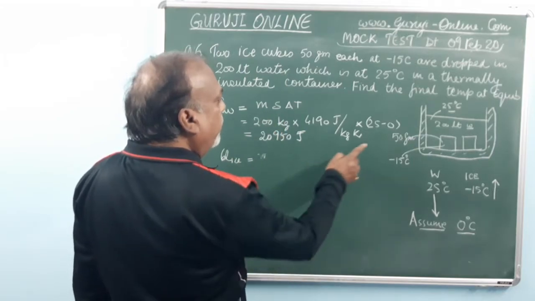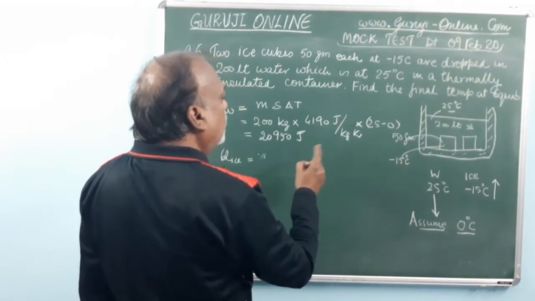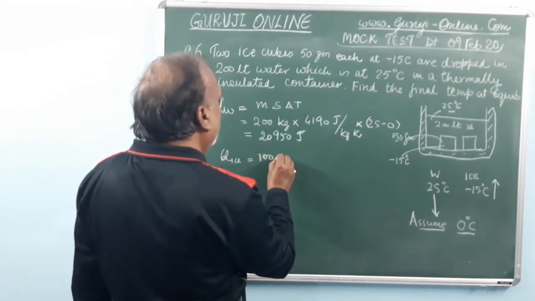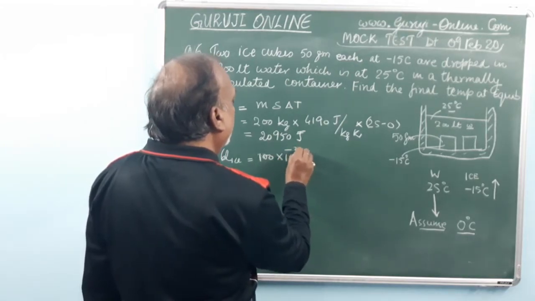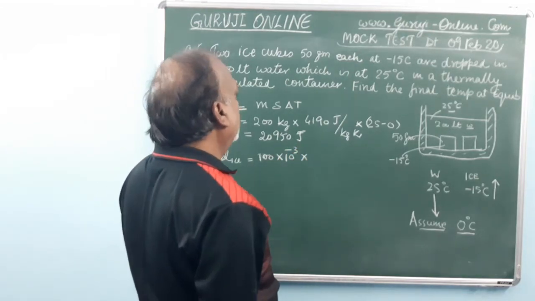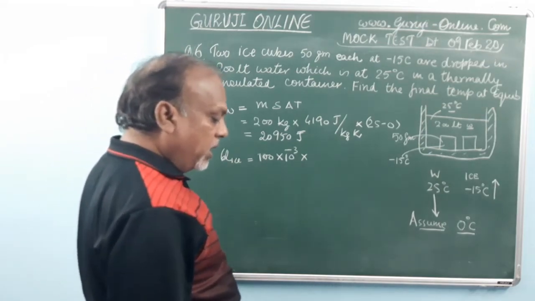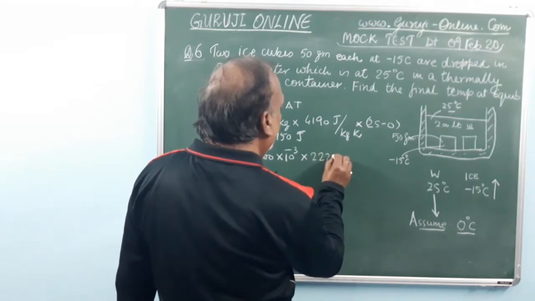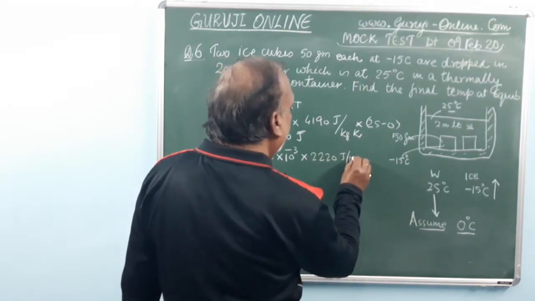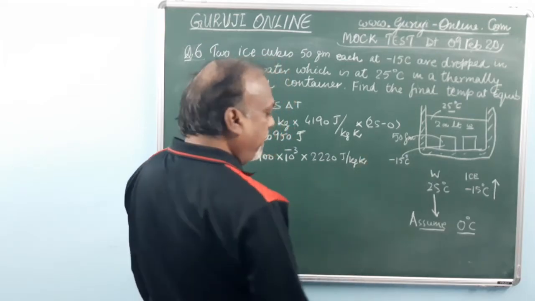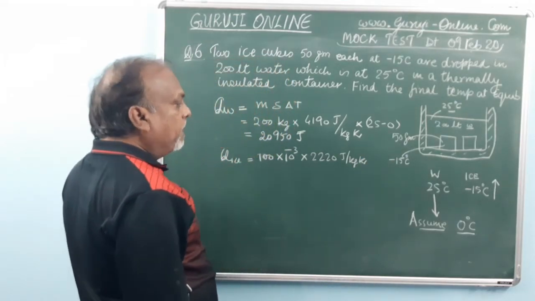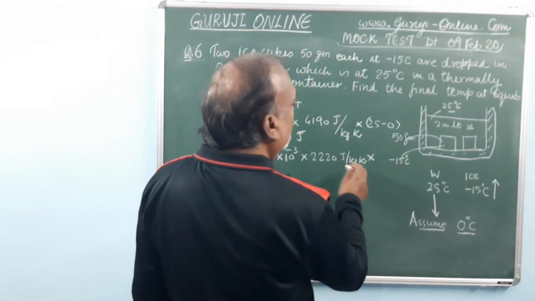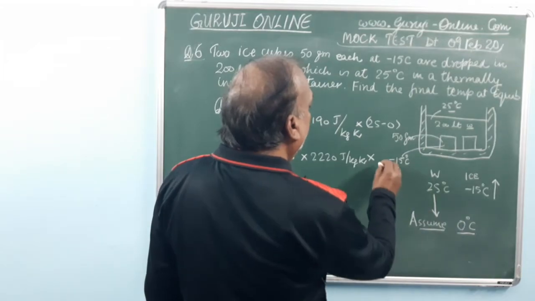Here 50 gram is there, total 2 cubes are there, 100 gram, means 100 into 10 raised to minus 3, into the specific heat of ice, that is 2220 joule per kg Kelvin, and here delta T is from minus 15 to 0, that is 15.